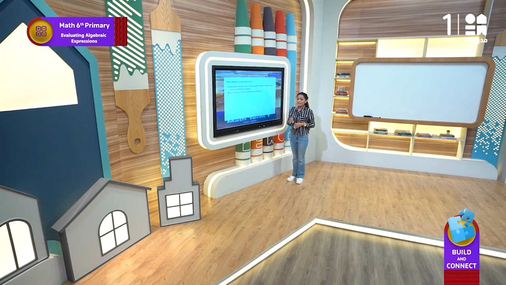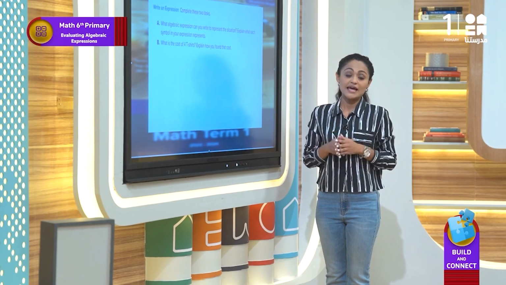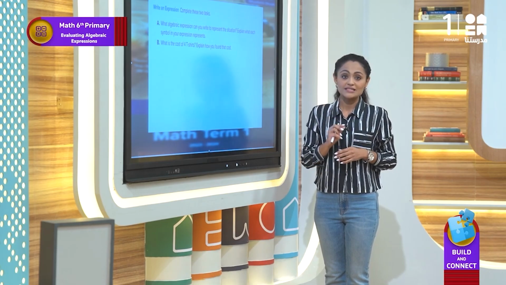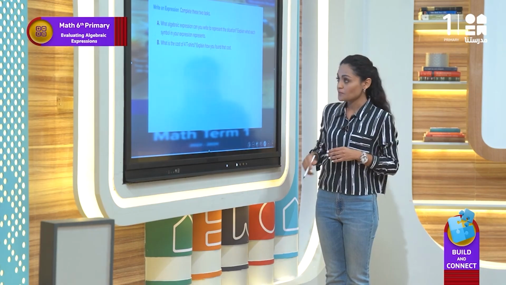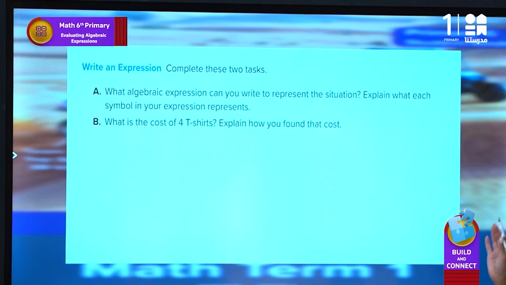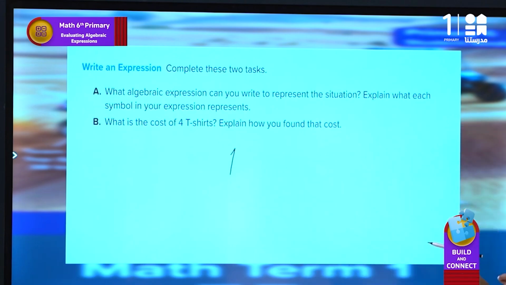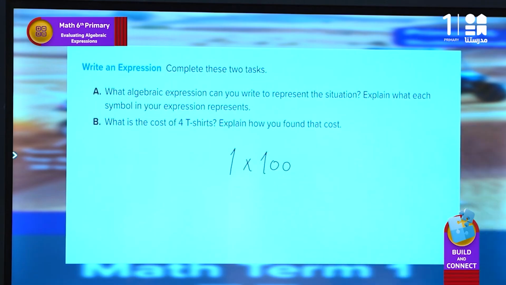We said a while ago that we will calculate the total cost of the t-shirts and then subtract the value of the coupon. For example, if we are going to buy one t-shirt, then we will multiply 1 times 100, right?